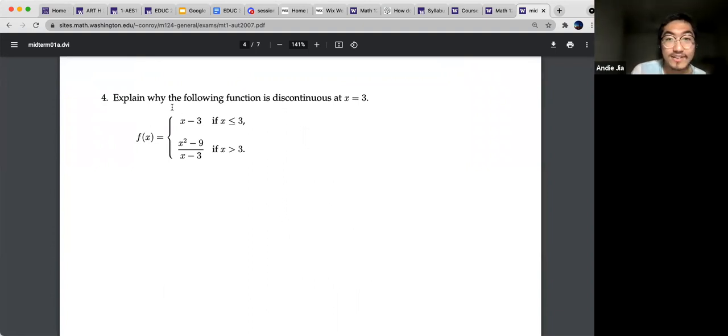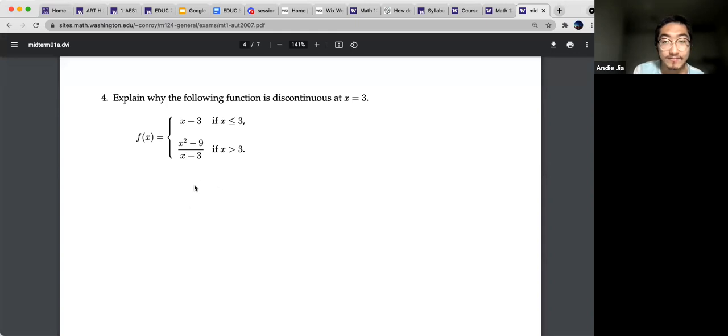For this one, explain why it's not continuous at x equal to 3. So you have the limit, and you need to find why it is not continuous. The first thing we need to do is evaluate the limit.